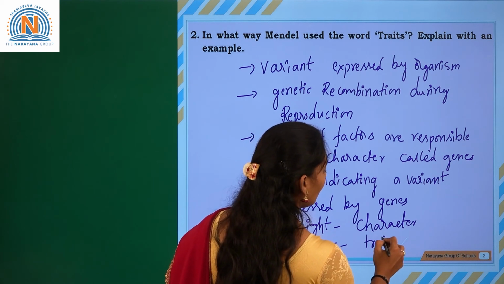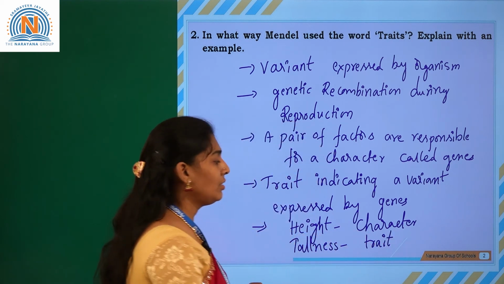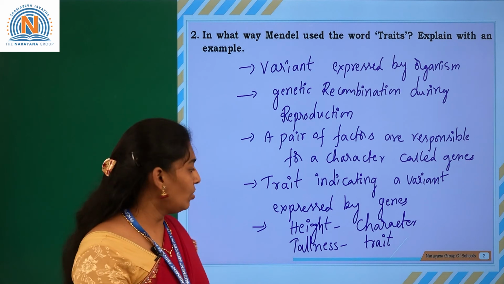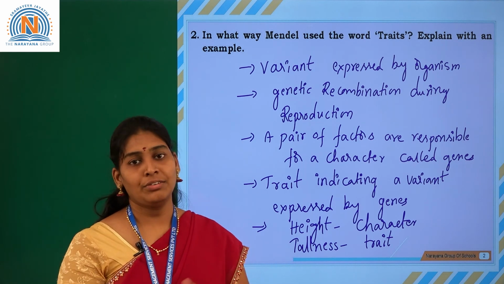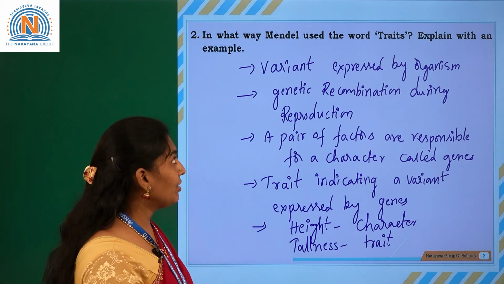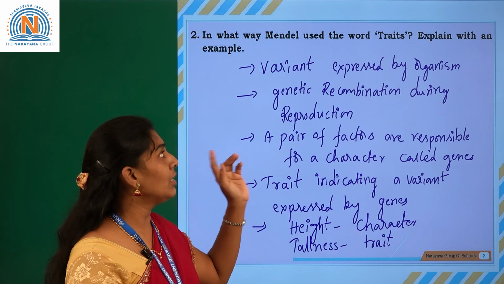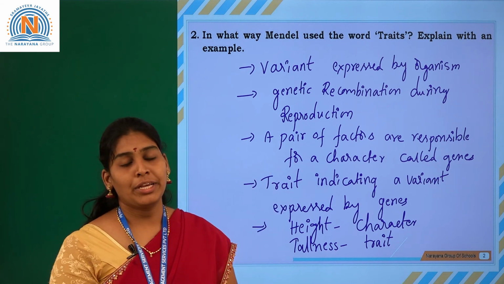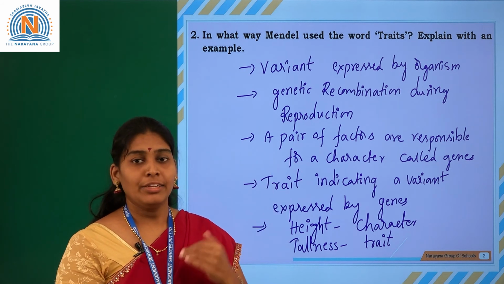Now you can understand the difference between a character and a trait. Dwarfness is another trait. That is why he used trait, which is expressed by a character like genes.